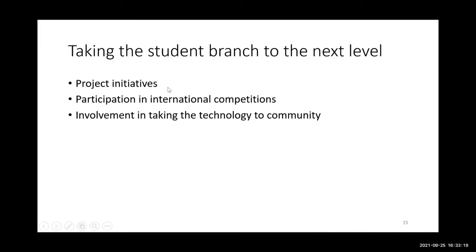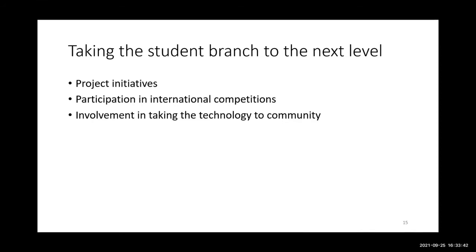Now, when I say project initiatives, our students do a senior year project at the end of the year for 2 semesters. So there are outcomes, and of course all the students write journal papers and go to conferences. Sometimes they come up with ideas which are patentable. All these happen.